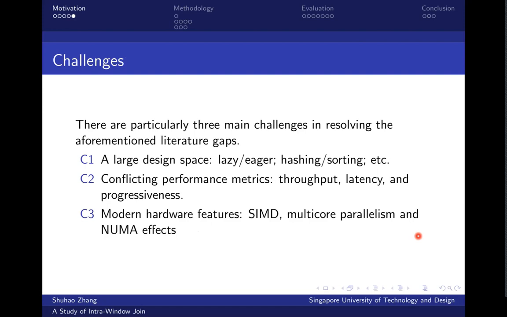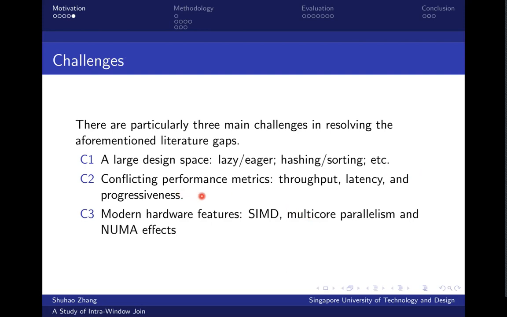There are particularly three main challenges in resolving the aforementioned literature gaps. First, a significant number of join algorithms have been proposed. As a result, there are many design options available, such as lazy or eager, sorting or hashing, and so on. Second, there are multiple common performance metrics for stream processing, including throughput, latency, and progressiveness.